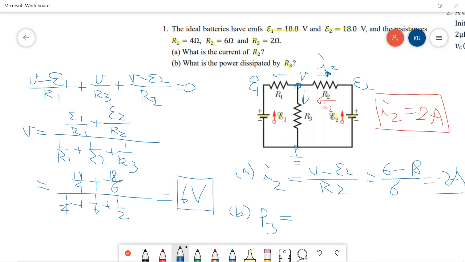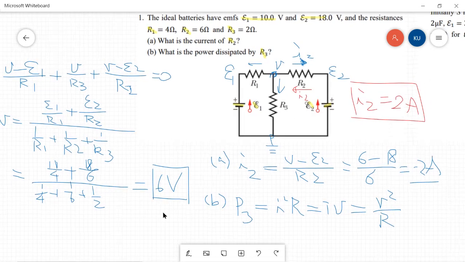One may be I squared R, or IV, or V squared over R. It depends on which one you feel is more convenient, then you may use that.